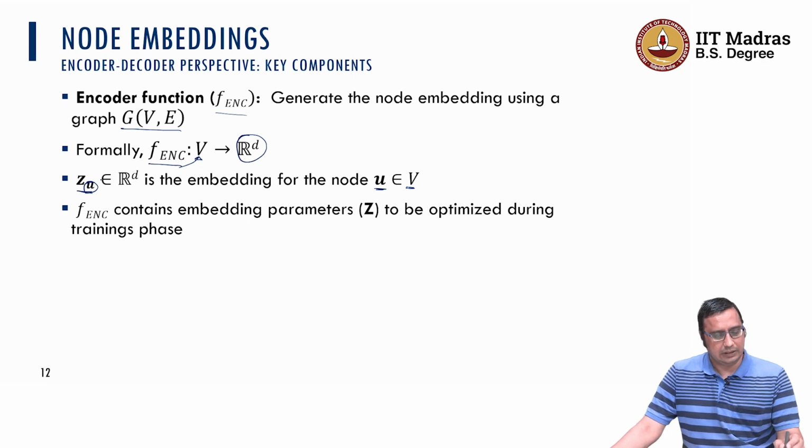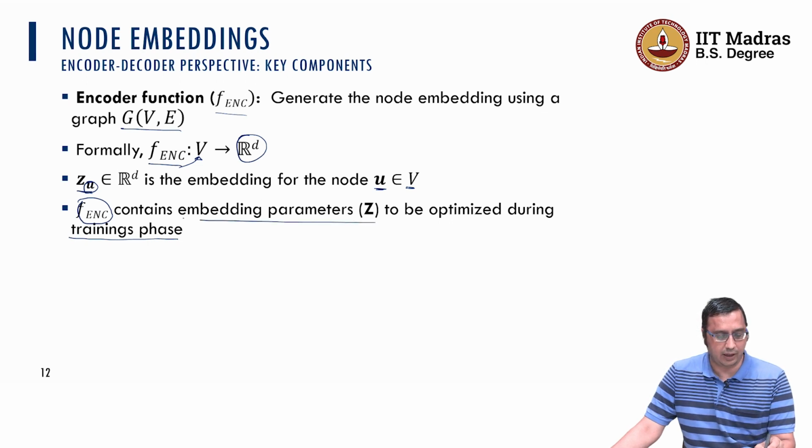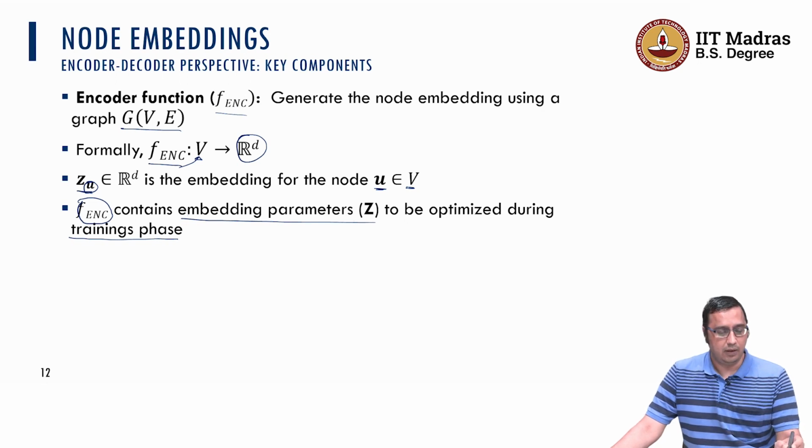And the interesting part here is that this f_enc, which is an encoder function, contains embedding parameters to be optimized during the training phase. So we have to actually get this embedding, and these embedding parameters have to be optimized during the training phase, and those are the parameters of f_enc.